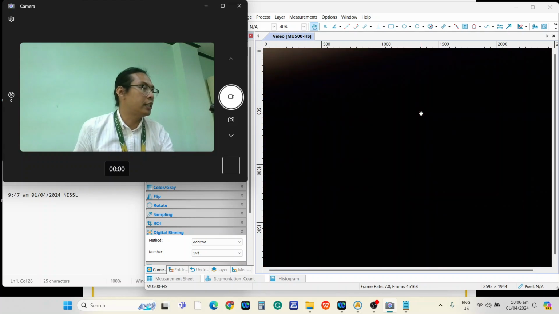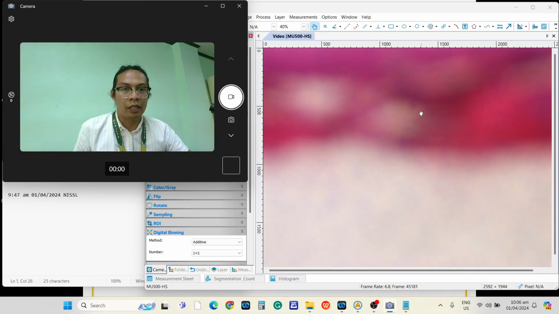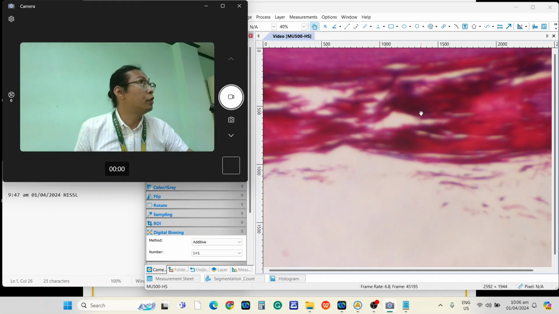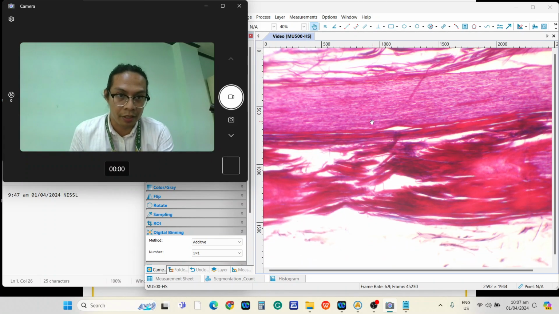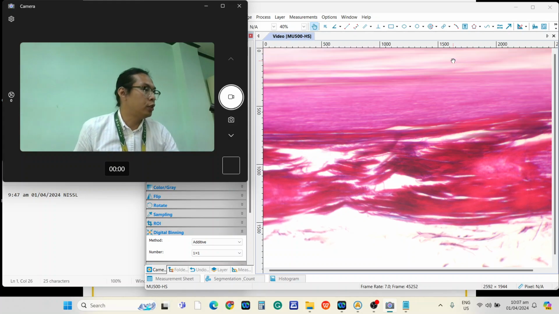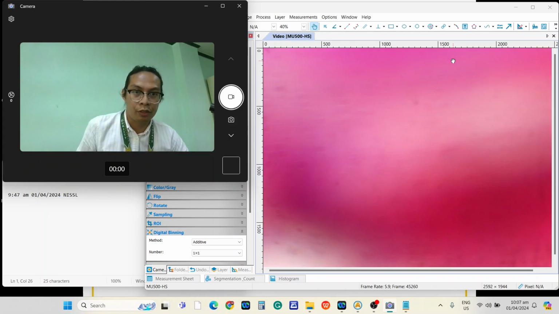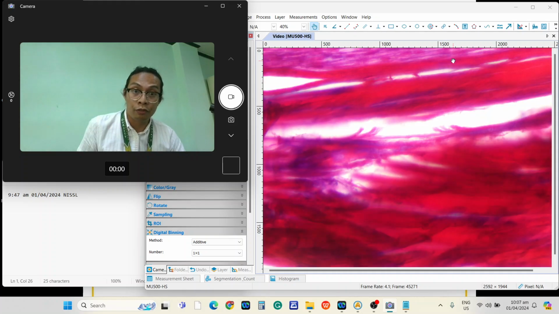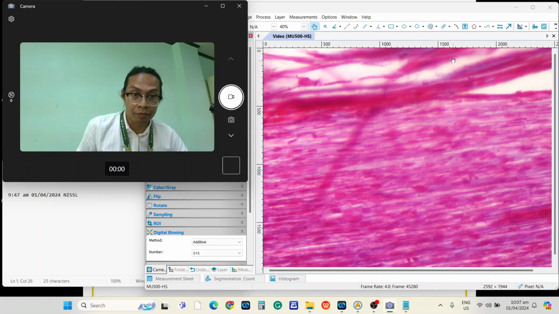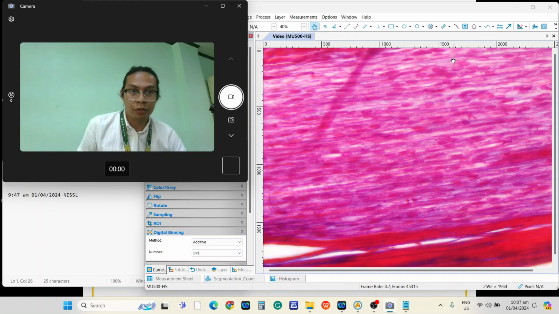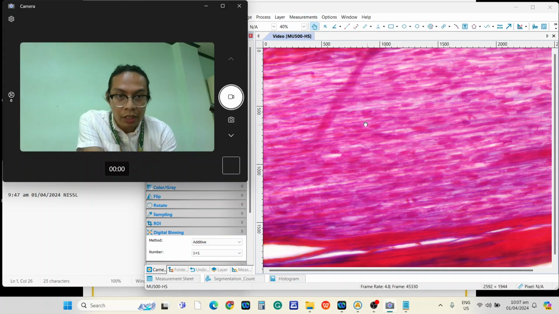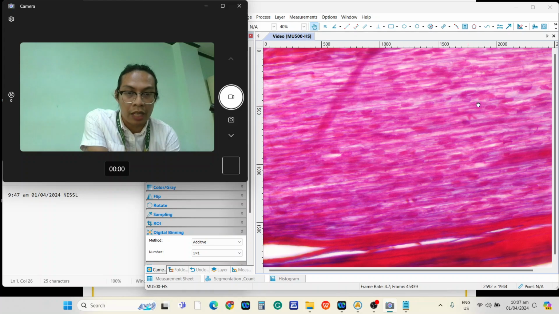Okay? Tingnan natin siya under LPO. Yung nerve fiber. So that is the nerve fiber, a collection of the axons or processes of a neuron. So those are the axons of neurons. Okay?